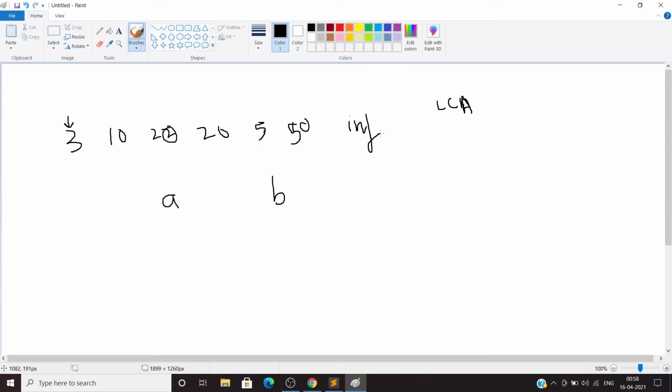I have taken an infinity here. So this can see this infinity, 5 can see this 50, 20 can see this 50, 10 can see this 20, and 3 can see this 10. So I made a graph like this.